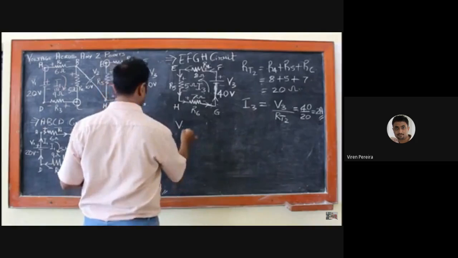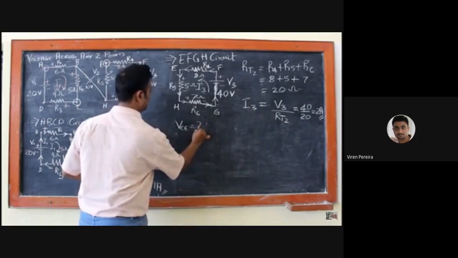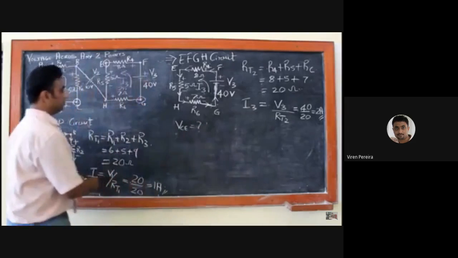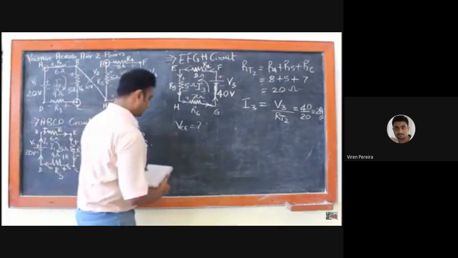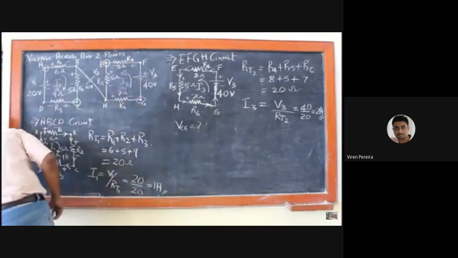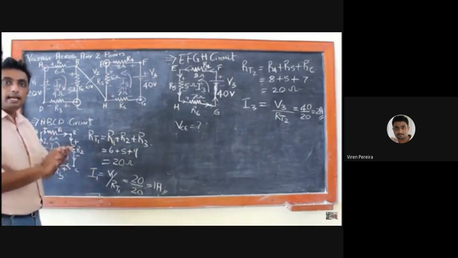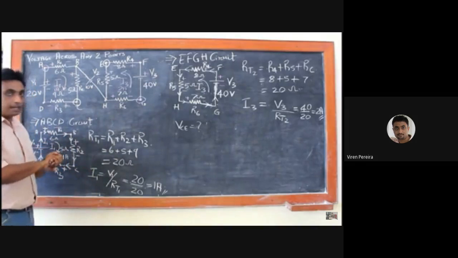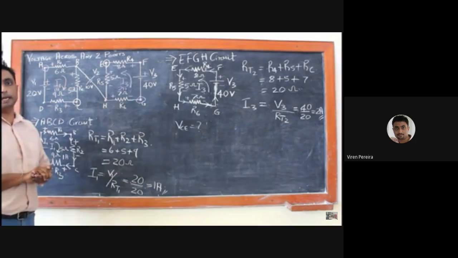Now what will be the voltage across VC? Always remember one thing. As I told you, finding the voltage between 2 points is basically like connecting 2 multimeter terminals across those respective points.